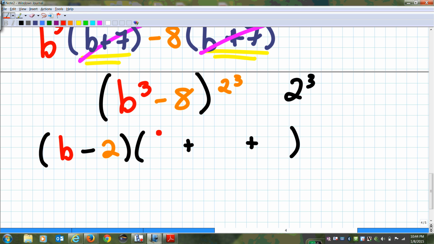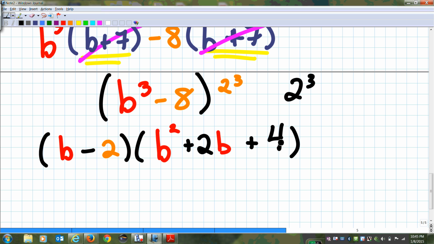And then this is b squared. And then that's going to be b times 2. So that's going to be 2b. And then the last one is b squared, which in this case is 2 squared, so it is 4. This is your final factoring.